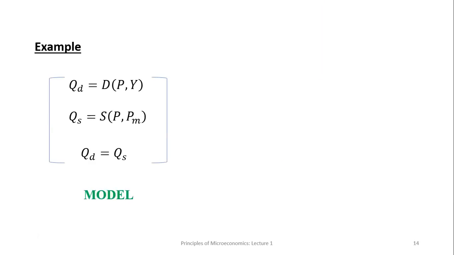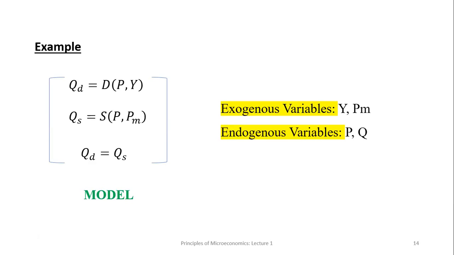In this model, the endogenous variables that the model is explaining are price and quantity. By quantity, we mean quantity demanded as well as quantity supplied. Whereas this model doesn't explain how income is determined, or how the prices of other goods are determined. So these are taken as given and are called exogenous variables.